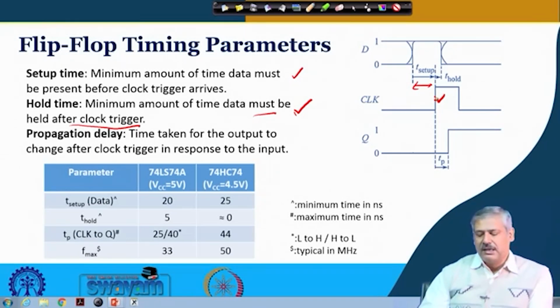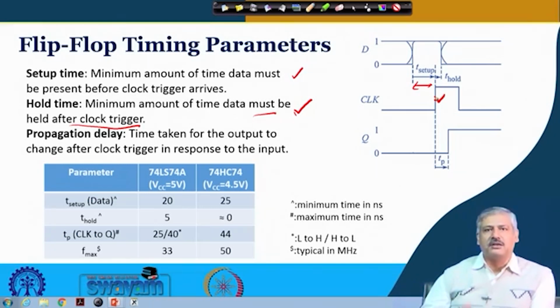And the other thing that is there is called propagation delay, right. It is the time taken for the output to change after the clock trigger in response to the input. Basically, it goes through different logic gates, and there could be various passive components like stray capacitances and resistances, so charging and discharging.